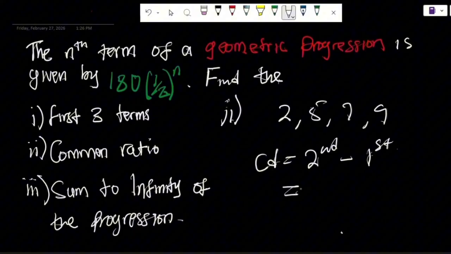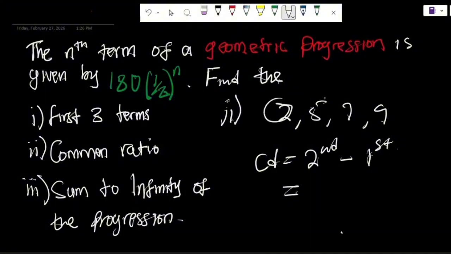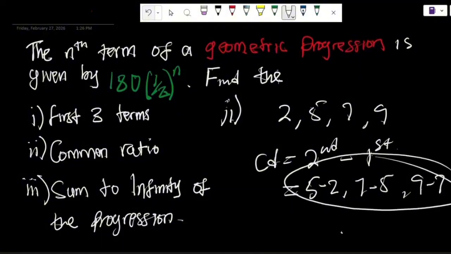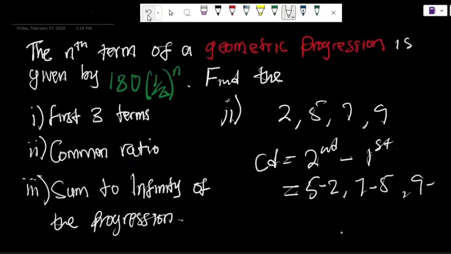So you're going to have 5 minus 2 or 7 minus 5 or 9 minus 7. You're still going to get the same answer, if you're dealing with an arithmetic progression. But since this is a geometric progression, we're not finding the common difference.